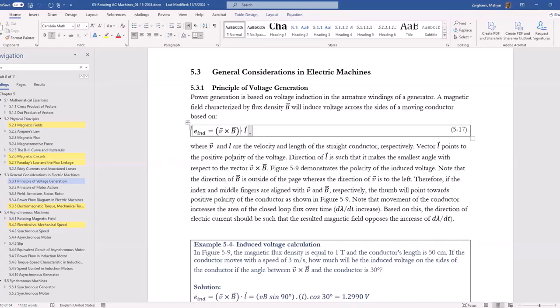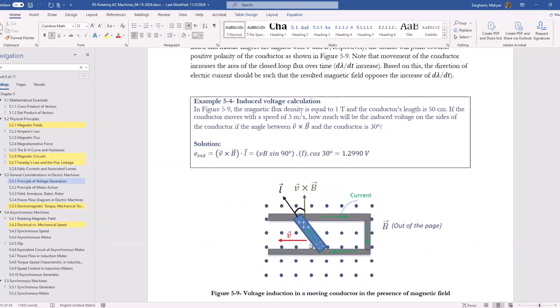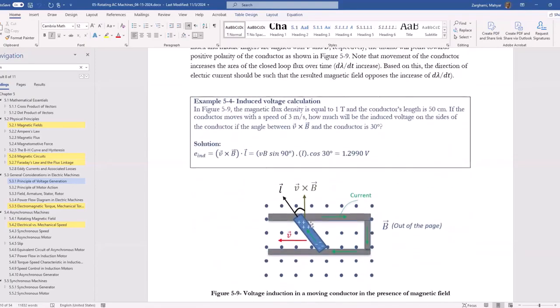V and L are the velocity and length of the straight conductor. So this V is the velocity or the speed of this conductor bar through which you are moving it to the left or the right hand side. So here I'm moving it to the left hand side based off of this picture, right? L is the length of the conductor. So this conductor has a length of L.